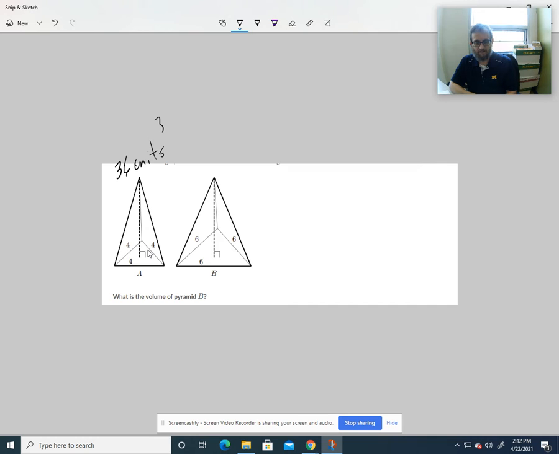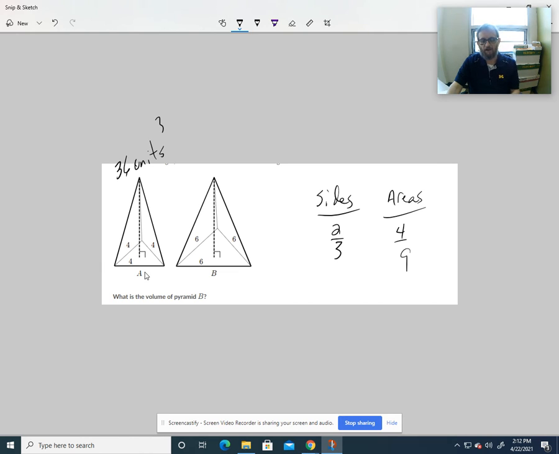How much bigger is this area going to be than this area? The ratio of their sides is 2 to 3, but the ratio of their areas is going to be 4 to 9, because area is a square of a length.